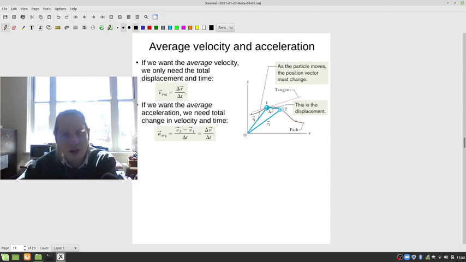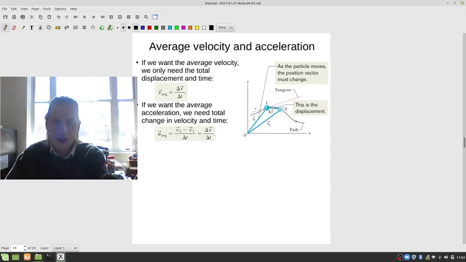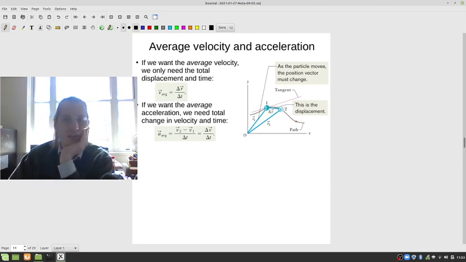Something to notice about this is that this line is representing the path of a particle in the xy plane. The velocity at any point on that curve is tangent to the curve.